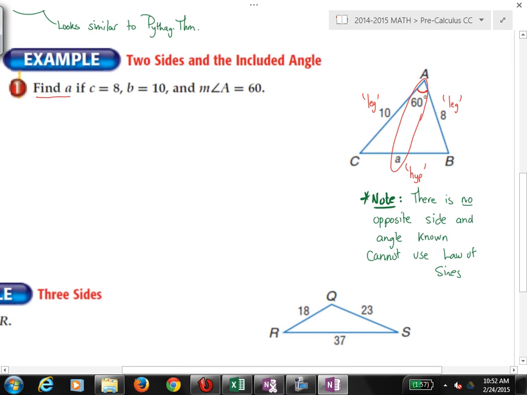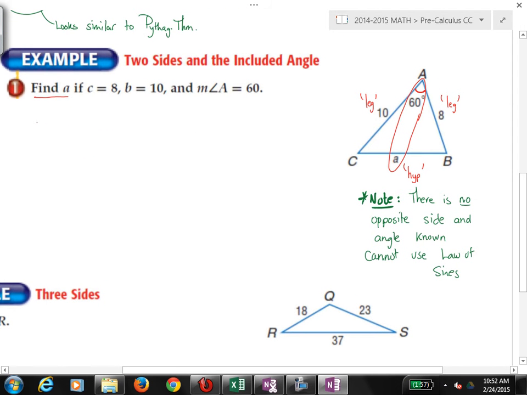So I know the Pythagorean theorem tells me the hypotenuse squared, which in my case is A squared, should equal the leg squared plus the other leg squared. Now the only extension here for law of cosines is going to be this minus 2 times the legs, 10 times 8, times cosine of the included angle, which, by the way, is just the angle between the two sides, which is 60 degrees.